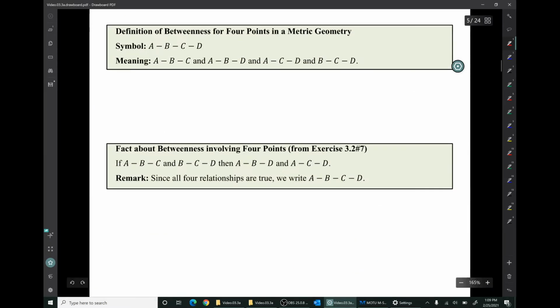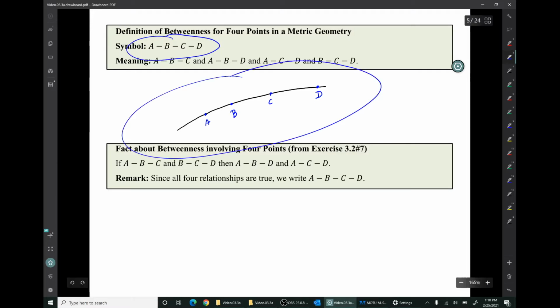Let's go on. In a previous video, we discussed betweenness of 4 points in a metric geometry. This symbol, A-B-C-D, is illustrated with a picture like this, and we should add something to our illustration. We should point out what else we're supposed to notice about this, because the definition of this symbol is not in terms of a picture, it's in terms of expressions.